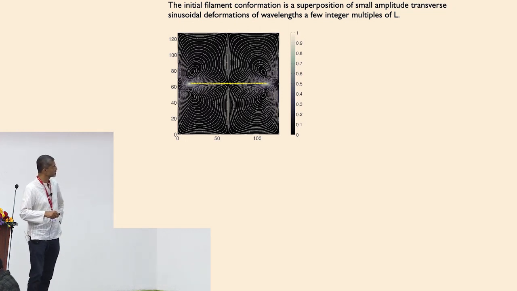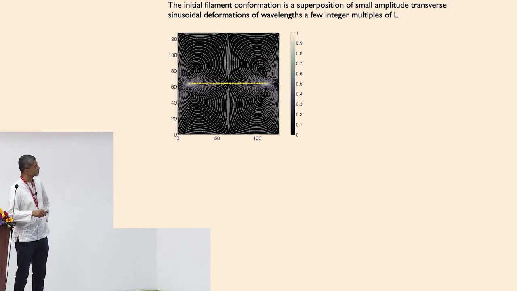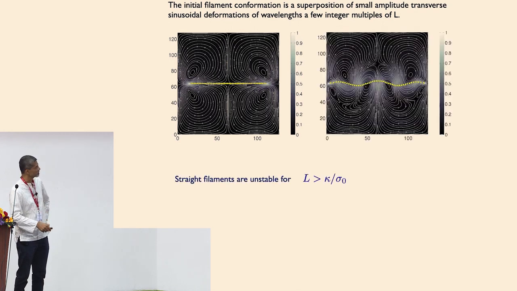Now if you perturb this filament with some deformations of some wavelength, you can get something like that, and this is the way the flow would be. As you can see, wherever there is a bend, there is a net flow in that direction.